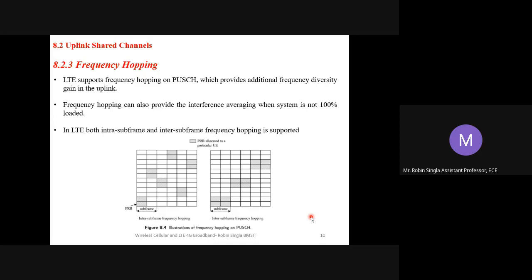This is intra-subframe hopping. And in inter-subframe hopping, the frequency resource allocation changes from one subframe to another. Intra-subframe means the frequency changes within the same subframe. Inter-subframe means the frequency changes to another subframe.